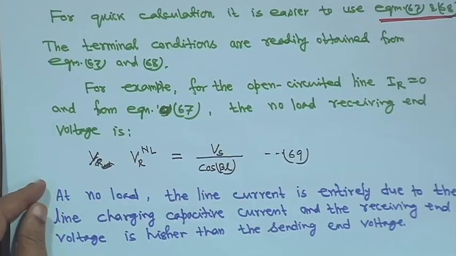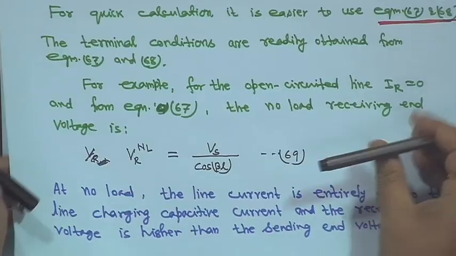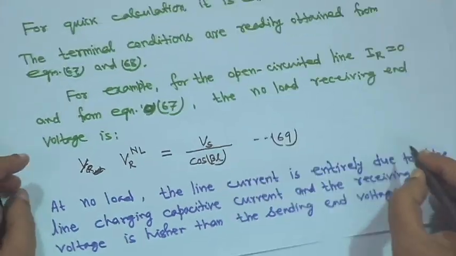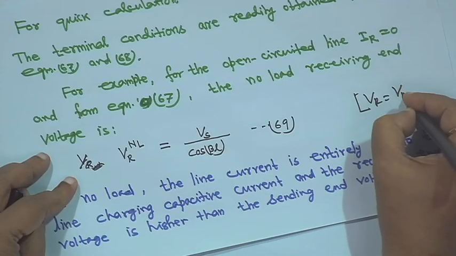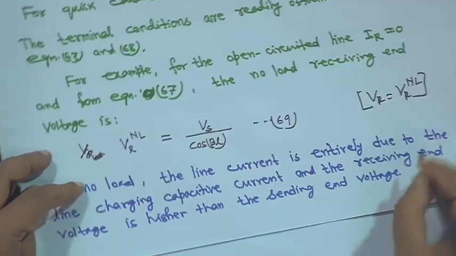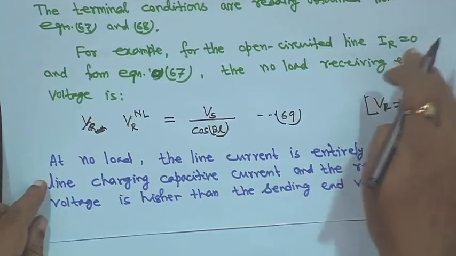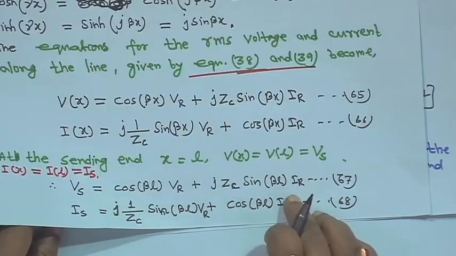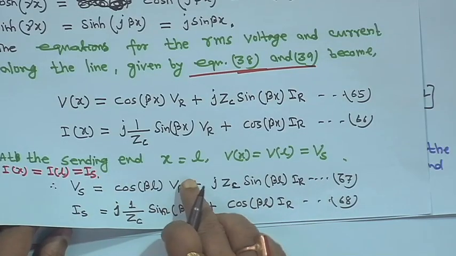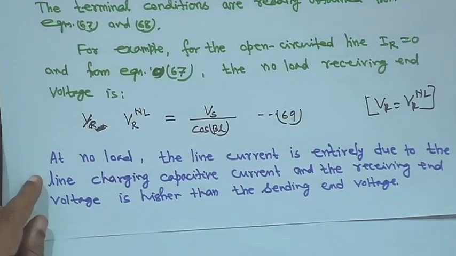So, when I r is equal to 0, I am writing that V r is equal to V r no load, N L. I am not writing it here, but it is understandable that for an open circuit line I r is equal to 0 and V r is equal to V r no load, that will be easier to understand.